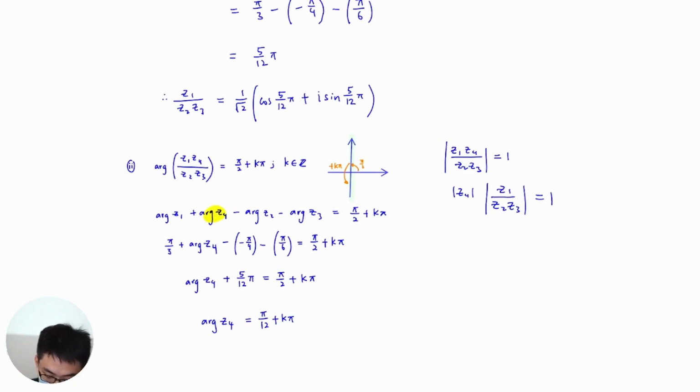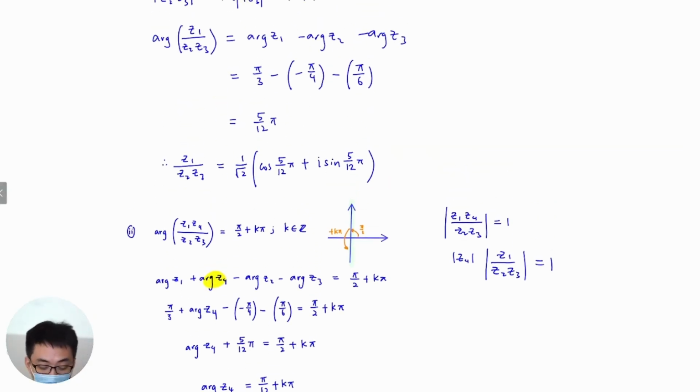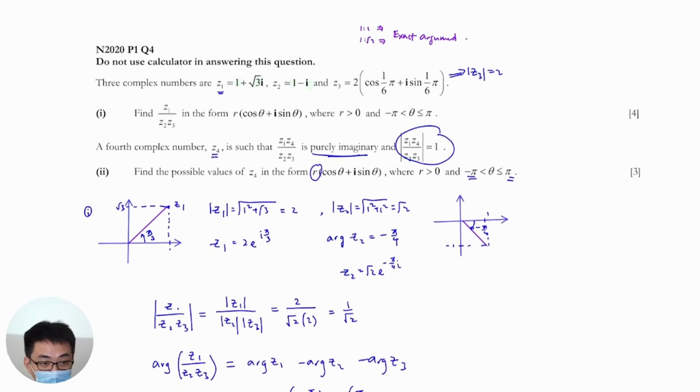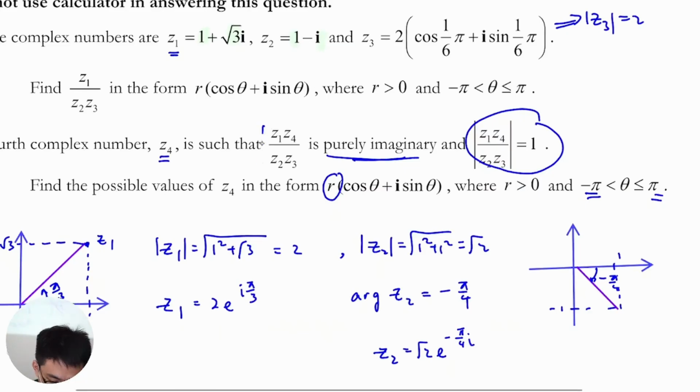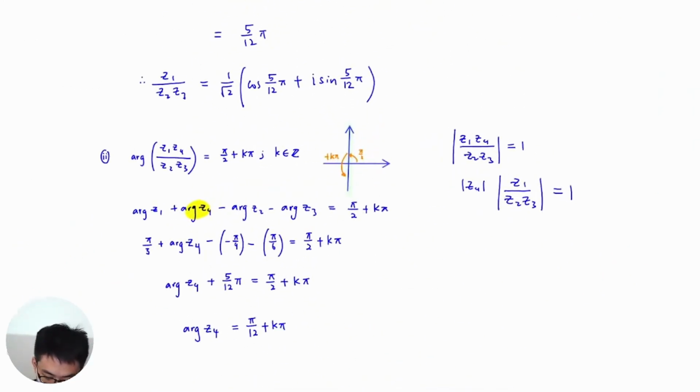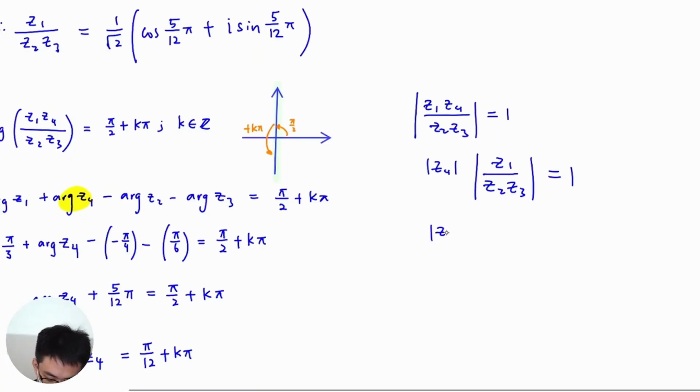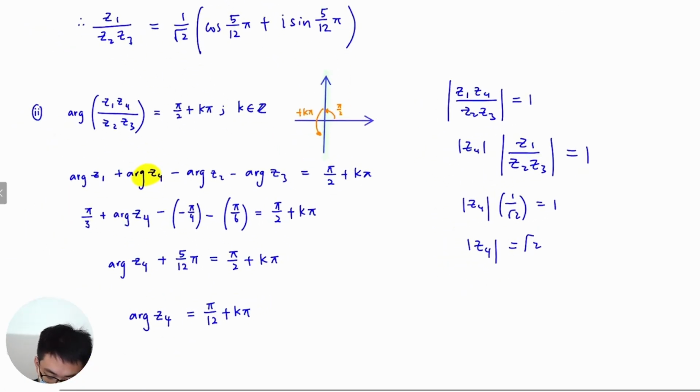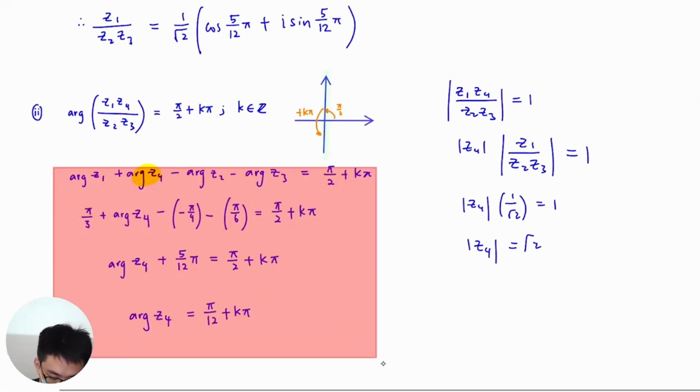Okay. Then I could have used the previous part. I didn't realize that I can use the previous part, but I could have used the previous part for this part here. Because z1, z2. Didn't see that. So using the previous part, what I will do is this whole thing here.